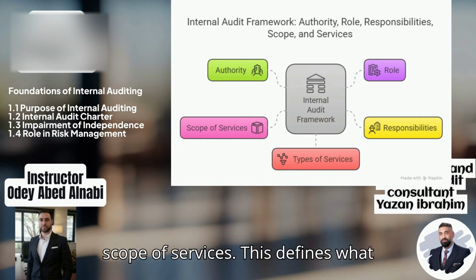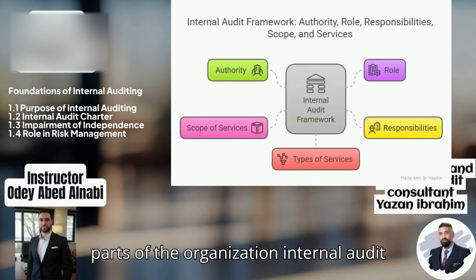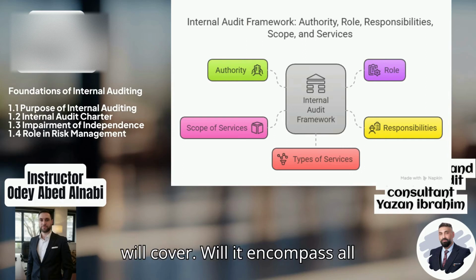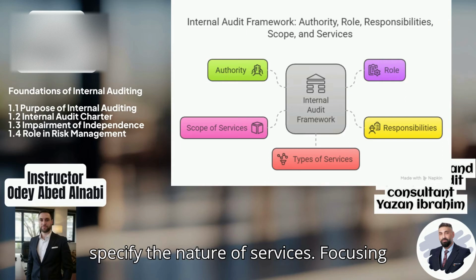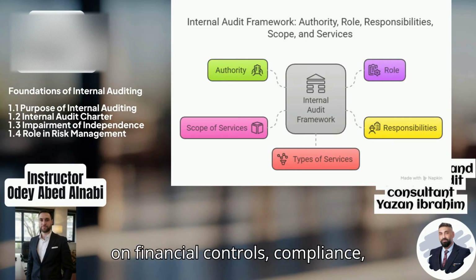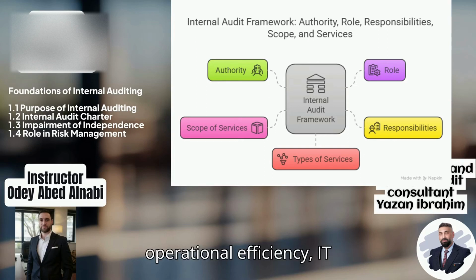Scope of services. This defines what parts of the organization internal audit will cover. Will it encompass all activities globally or be limited to specific regions, departments, or processes? The scope might also specify the nature of services, focusing on financial controls, compliance, operational efficiency, IT systems, or a mix.